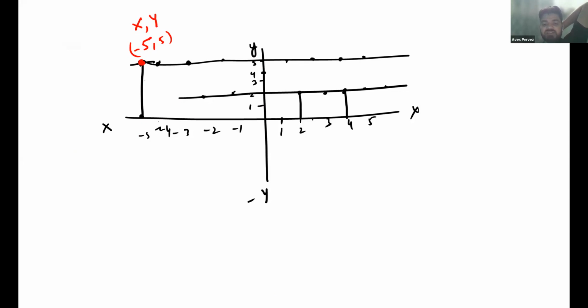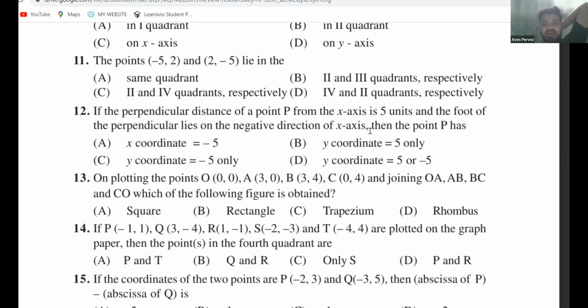So what is being asked in the question? If the perpendicular lies on the negative x direction, then the point P has x coordinate as minus 5, y coordinate as 5, or y coordinate as minus 5. Which one is true?